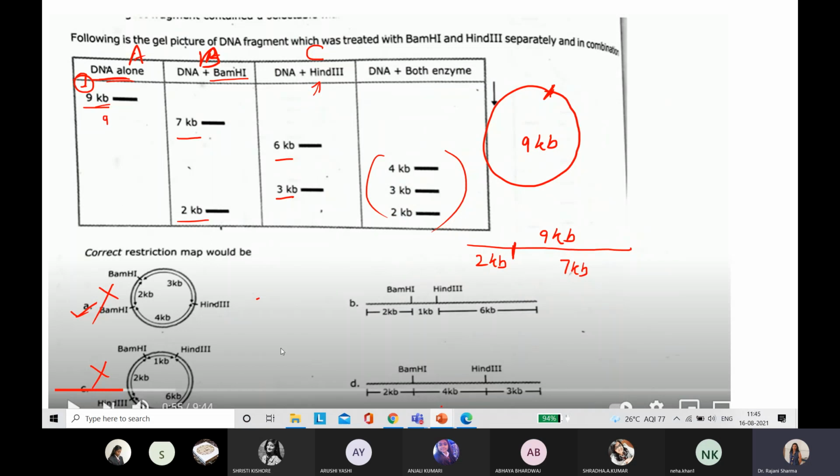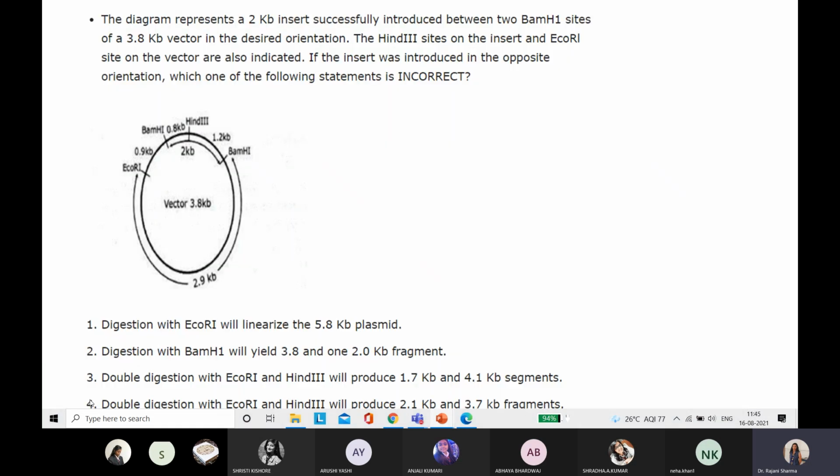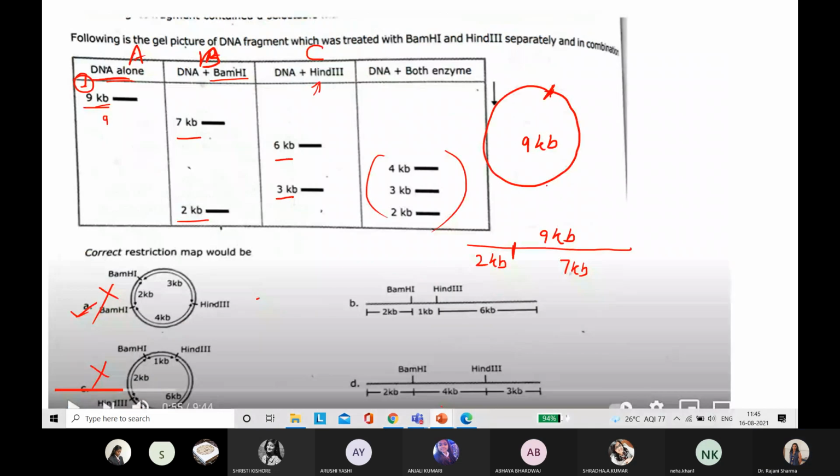Okay, try to understand from this only. So it may be possible that HindIII may cut at this point to give you 3 kb of length, and the rest portion will be 6 kb. One will be 3, another will be 6.